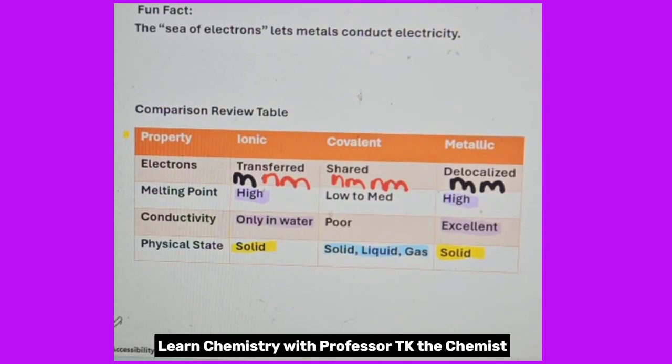Ionics transfer electrons, covalents share them. And metallic means we're all over the place because it's just a lot of us. Yes, metallics are delocalized, and delocalized means I can move about. I'm not stationed to just one area. De meaning to remove. I can just go wherever I want to go as a metal, as a metallic bond.